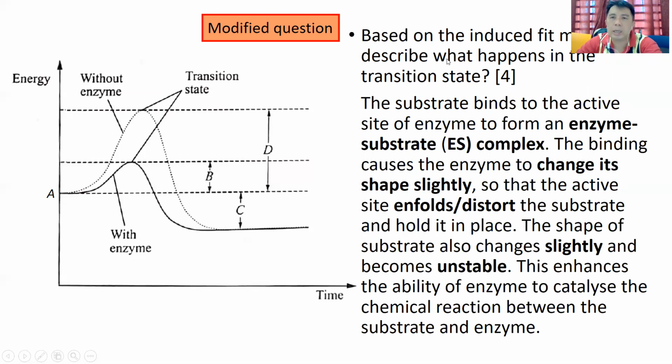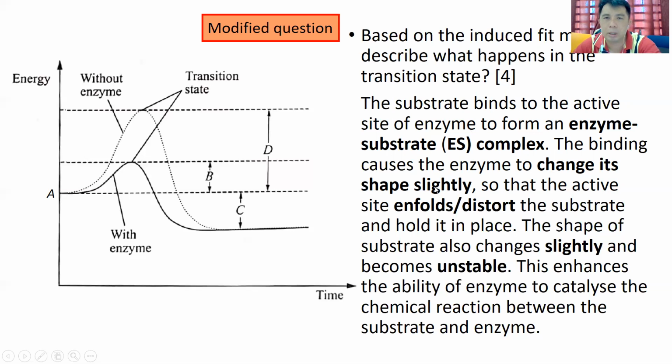So the answer will be like this. The specific substrate binds to the active site of the enzyme. In STPM, you must mention the active site of the enzyme, to form an enzyme-substrate complex. Then the binding causes the enzyme to change its shape slightly.